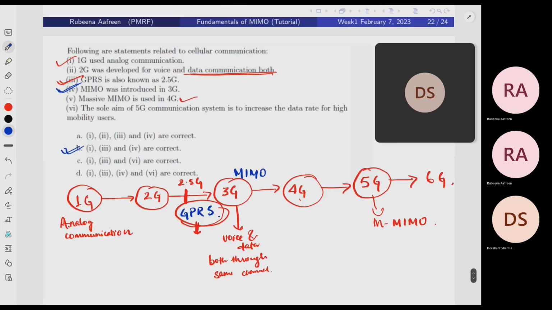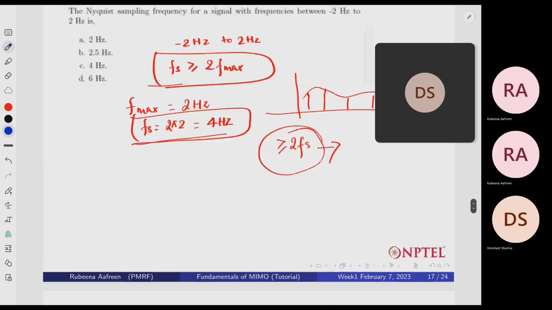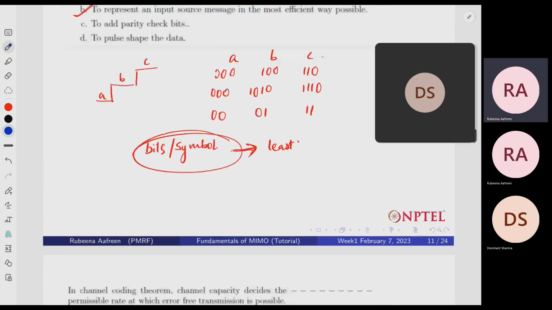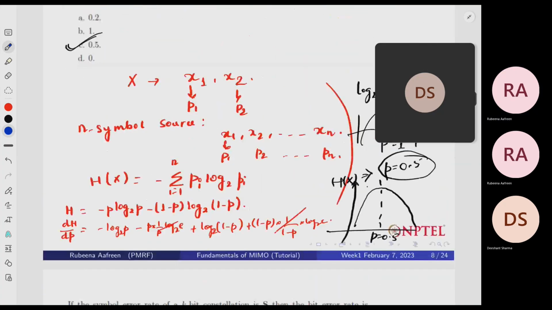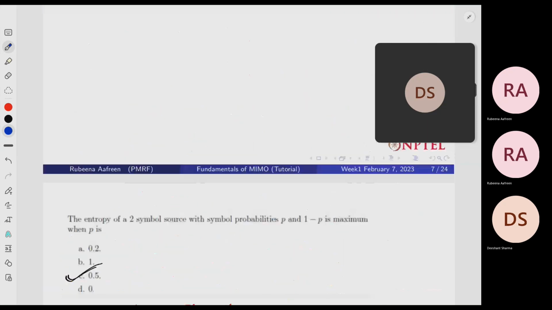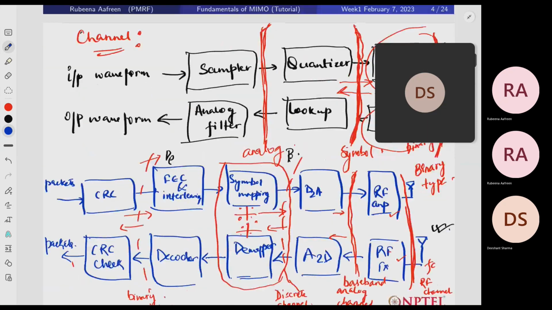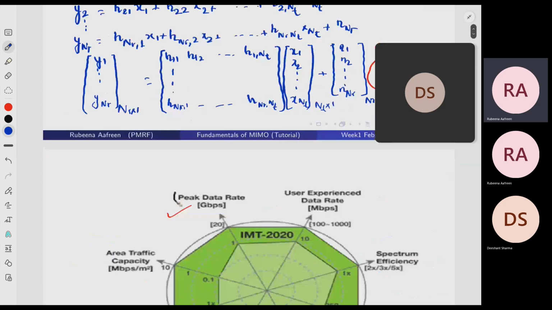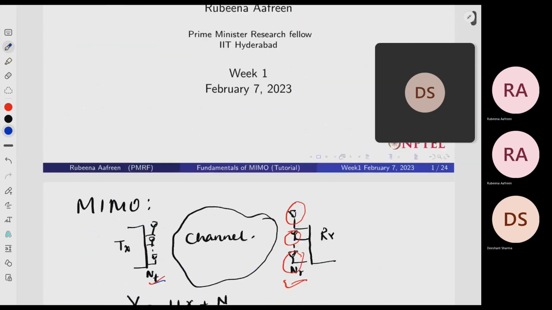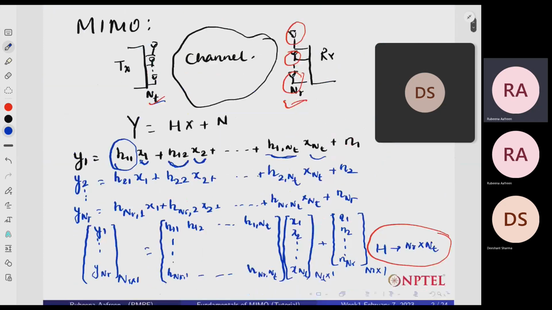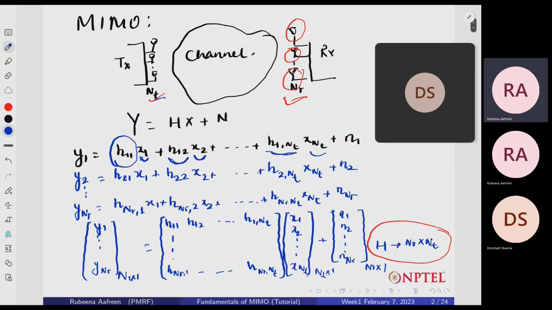So I will give a brief review of what was taught today. We started with MIMO. What is MIMO? Then what a channel is. Then we introduced multiple transmitters and receivers, and we saw how the signal is received at the multiple receivers.